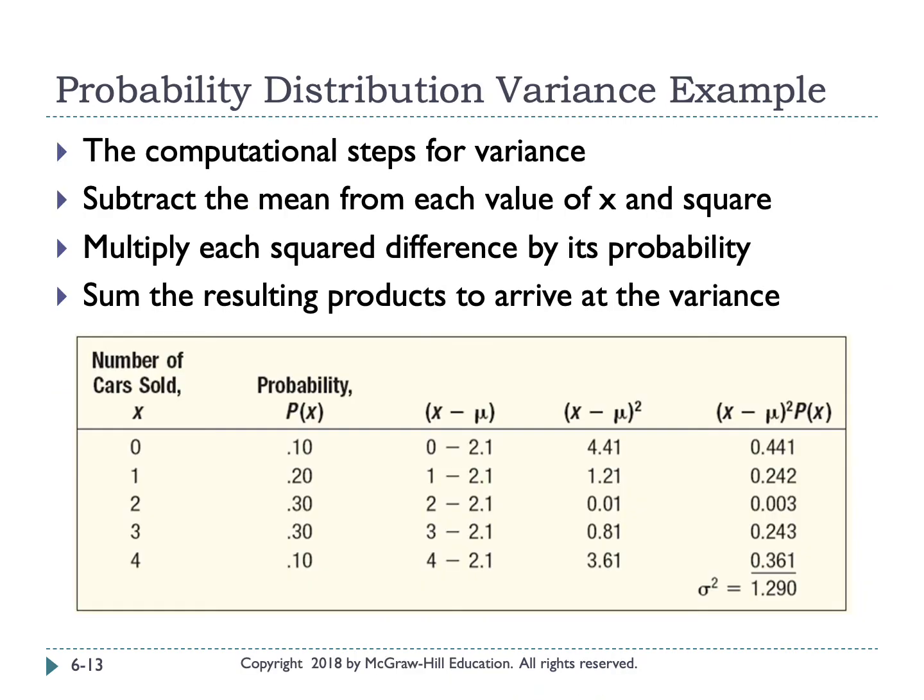This slide will tell you how to compute your variance. Basically we have discussed it in the previous slide, but this slide just wants to tell you how to compute it step by step. The first one, x minus your mu. Your first x is 0 and then you minus your mu, which is 2.1, and the second step you have to square it, so it becomes 4.41, and the third step you have to multiply this by the probability of x, so you will get this value.